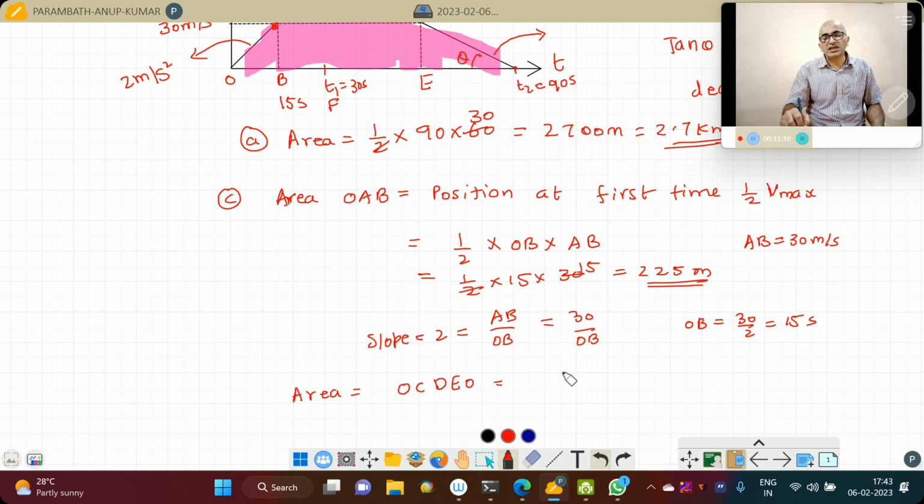Now O C D E O, I can take it as sum of two areas. That is O C F O triangle, this triangle, plus C D E F trapezium.